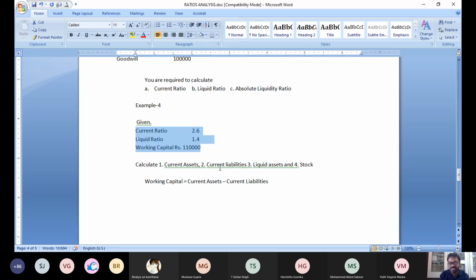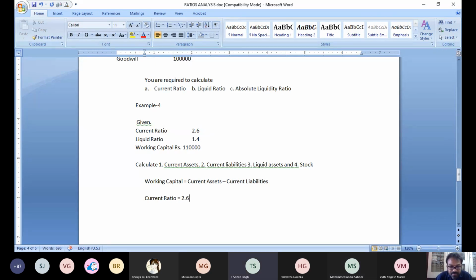No problem, very easy. Here, working capital is equal to current assets minus current liabilities, correct? Next, the current ratio is given. Listen carefully: current ratio is equal to 2.6.